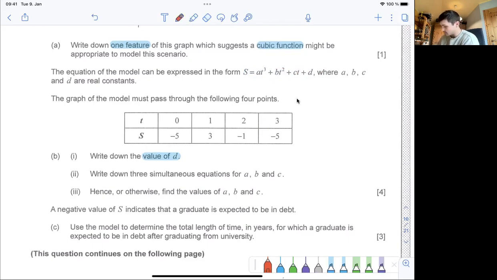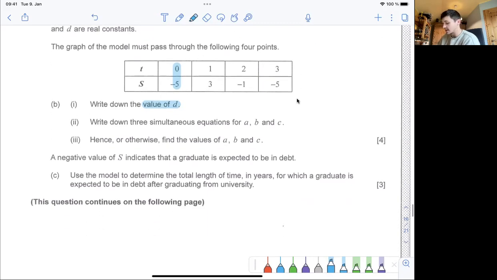And we get that from the first line here. So when T is equal to 0, S is equal to -5. And from what we just saw, the A bit, the B bit, the C bit, they're all just going to equal 0. And we're going to get 0 plus 0 plus 0 plus D is equal to -5. And so therefore the value of D is going to be -5.